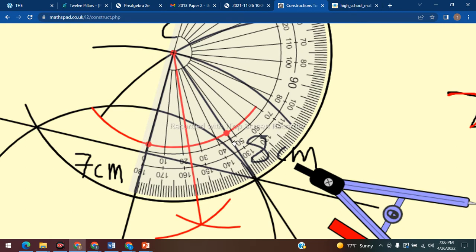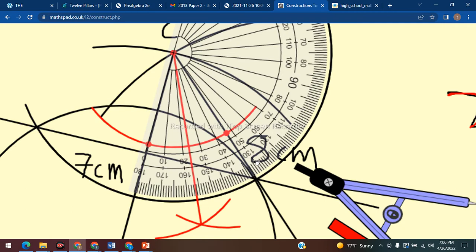The line goes right in the middle, okay, and so it's not 40 because 40 is here. This is 45 right here. This is 46, 47, 48, 49, and 50.